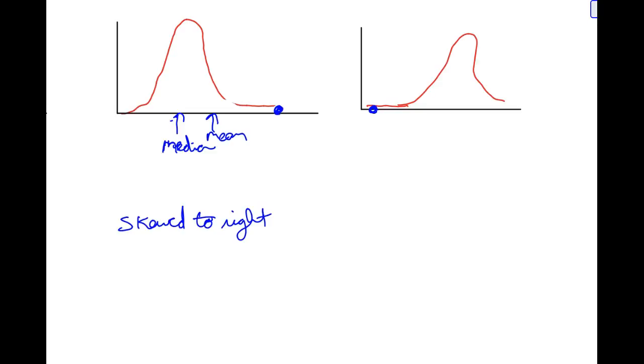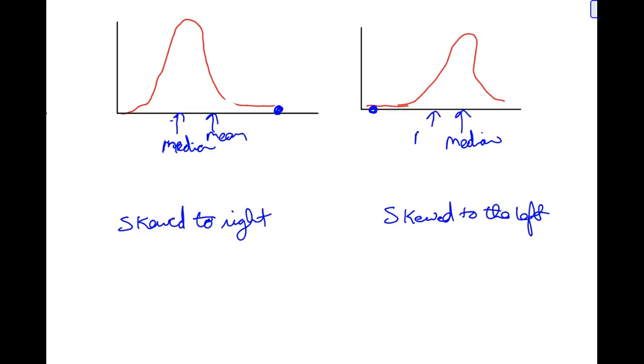The opposite happens with this skewed to the left histogram. Again, our median is still here where the majority of our data values are, but we have this one extremely low number that's going to bring our average or our mean down.